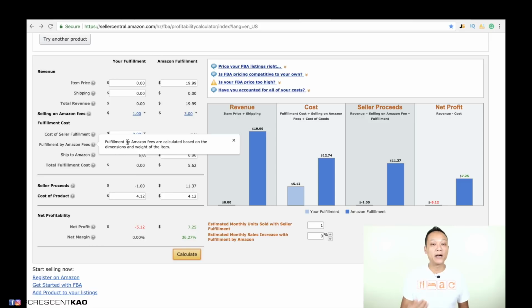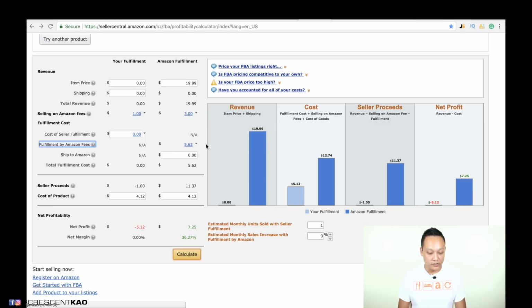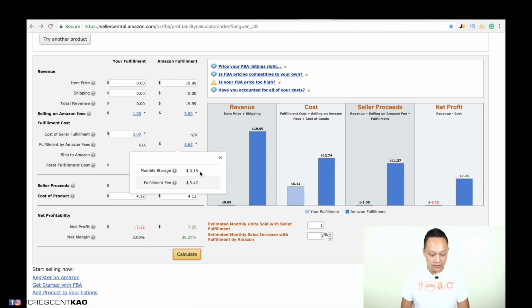So anytime someone buys your product, Amazon is picking and packing it and shipping it to the customer and dealing with any customer relations such as returns, questions, and stuff like that. That's what you're paying them for, and that's $5.62, and that includes your storage fees. Okay, so if we click over here, you can see the storage fee is 15 cents per month, and the fulfillment fee is $5.47 for a total of $5.62.